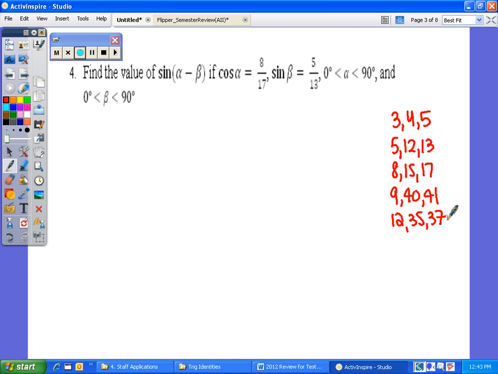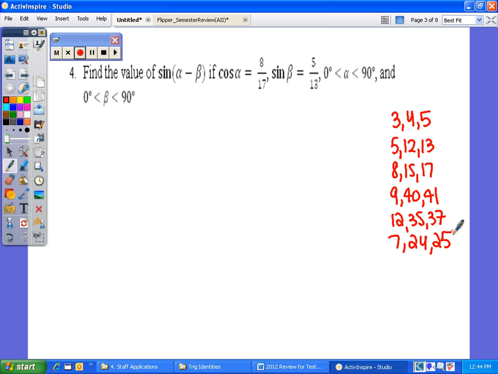Oh, I'm missing some. 7, 24, 25. And there's one more obvious one that I'm probably missing, but you should know these 6. These are the 6 basic ones that we use on tests.